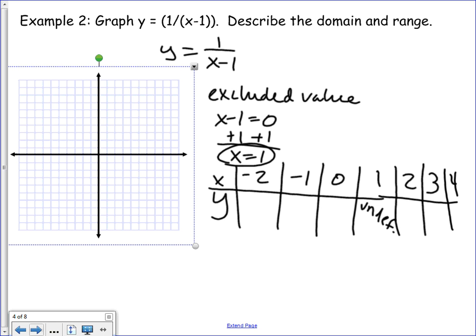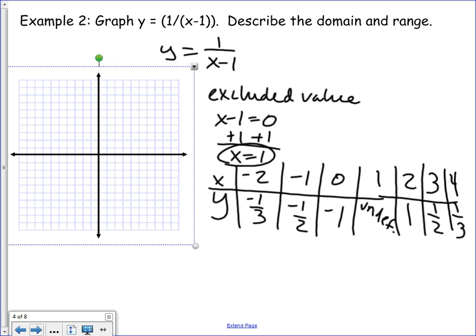When x is 0, we have 1 divided by -1, which equals -1. When x is -1, we have 1 divided by -2, so it's -1/2. When x is -2, we have 1 divided by -3, so -1/3. When x is 2, 1 divided by 2 minus 1 is 1. When x is 3, 1 divided by 3 minus 1 is 2, so 1/2. And when x is 4, 1 divided by 3, so 1/3.